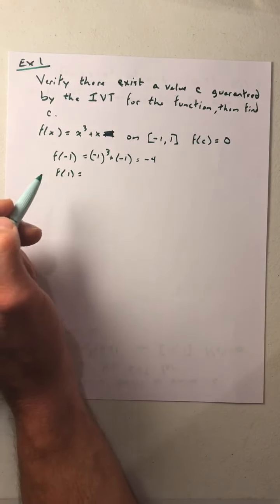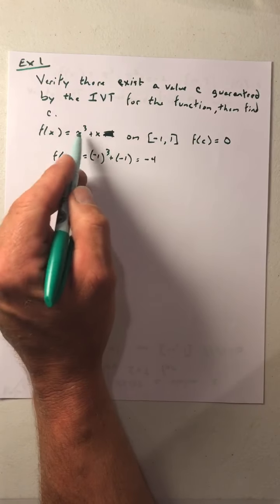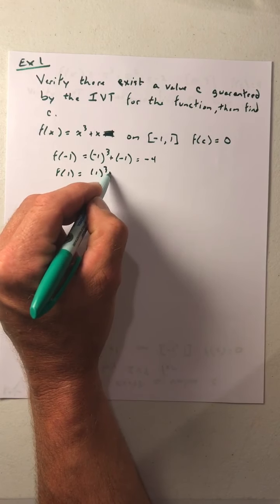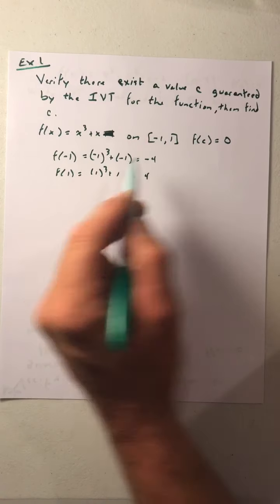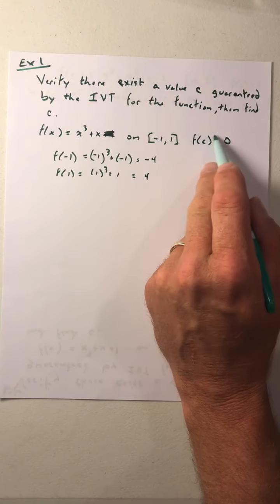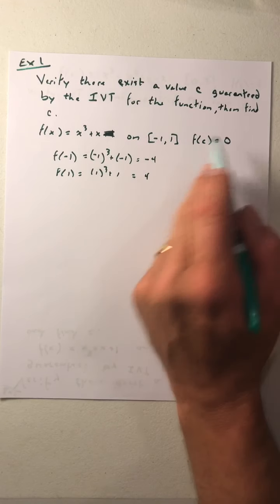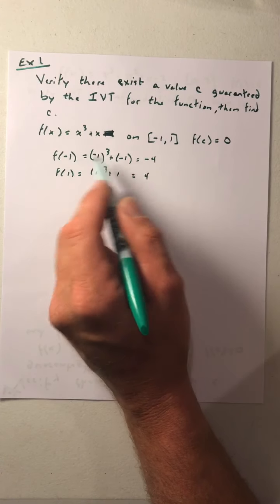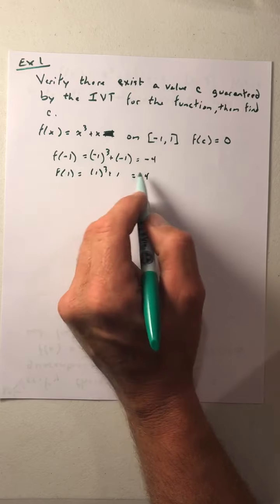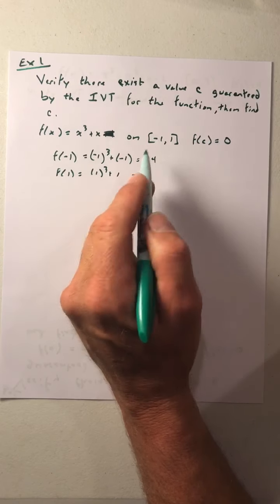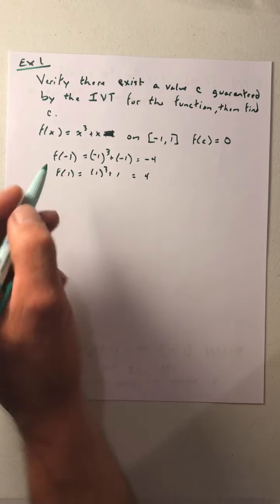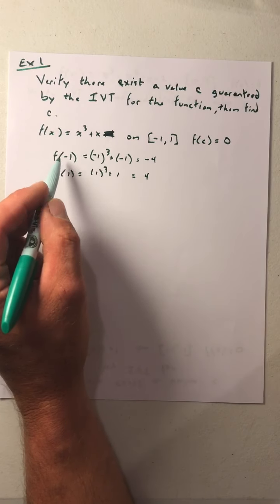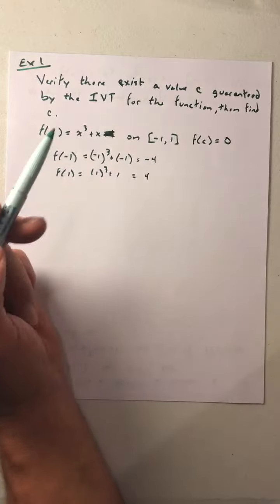If we have f of 1, the b value there, I get 1 to the third plus 1, which gives us 4. So I know that there has to exist an f of c so that we get a 0, because f of -1 is -4 and f of 1 was 4. We know that 0 lies between -4 and 4. So by the IVT, we know this has to exist.